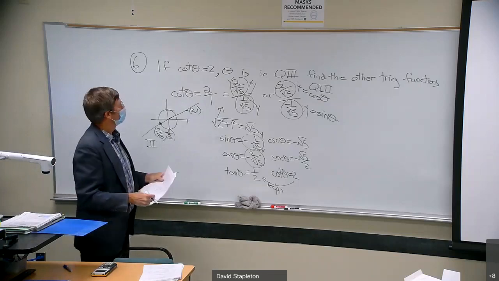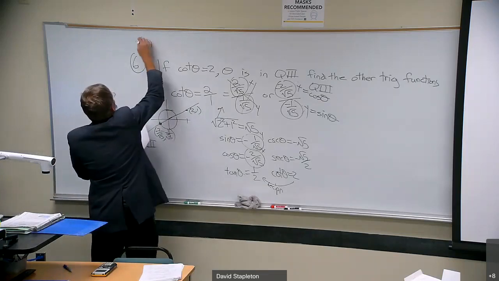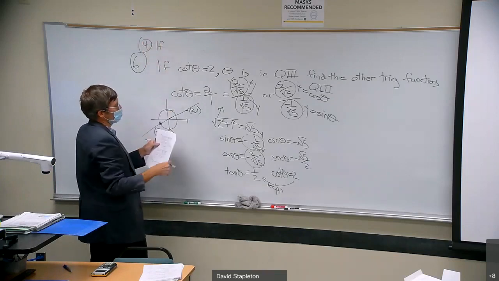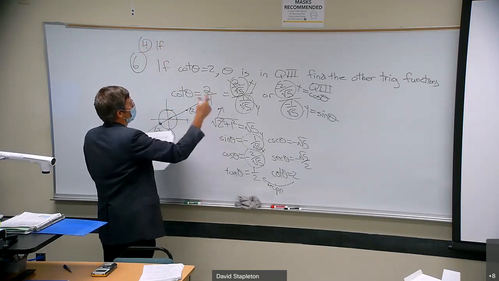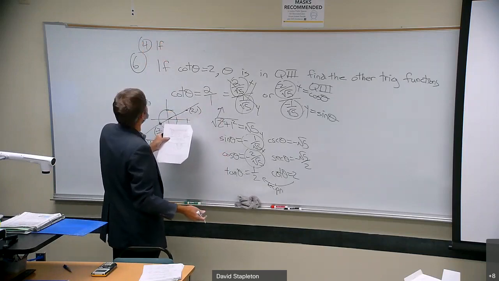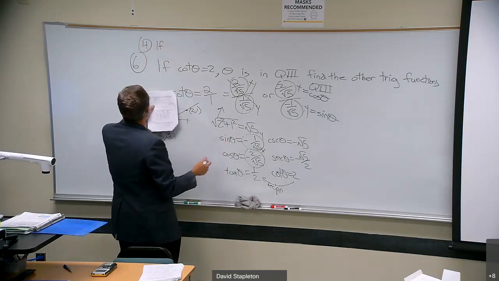Let's see. So number 4 says this. This is one of the other 3 cases I gave you. I said if it's a special angle, or if I give you one trig function in a quadrant, or if I give you a point on the terminal ray, you want to be able to find all 6 trig functions. Remember those 3 cases?